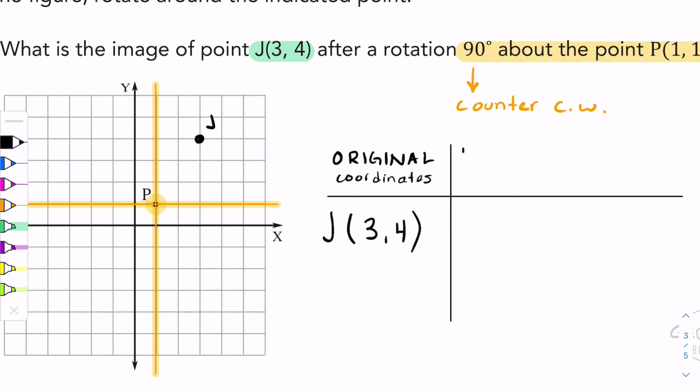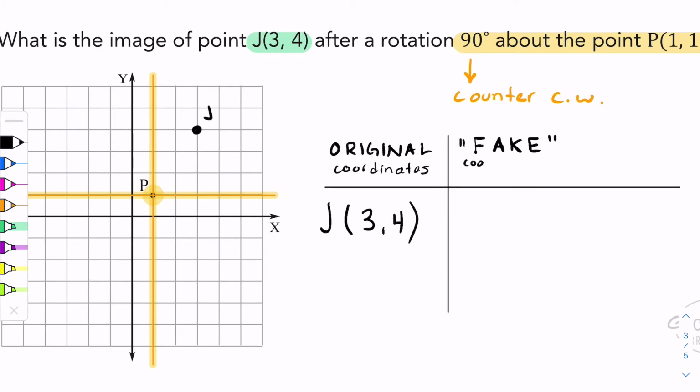The next column I am going to put in quotes because there's really no other way to explain this, but we're going to put fake coordinates. And then I'm going to write fake coordinates based on fake center.